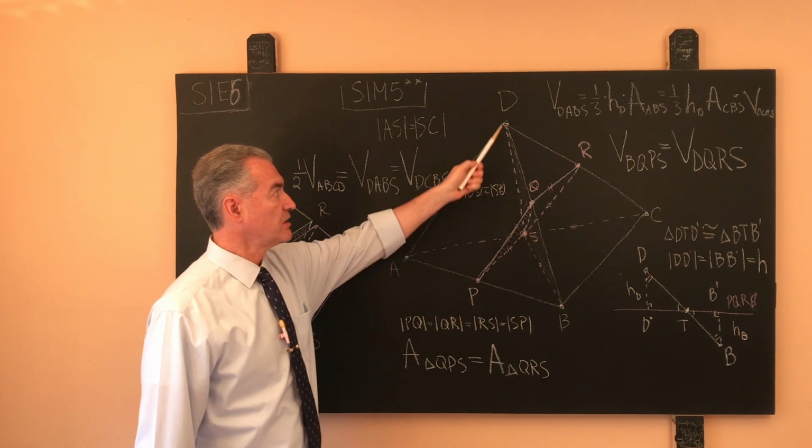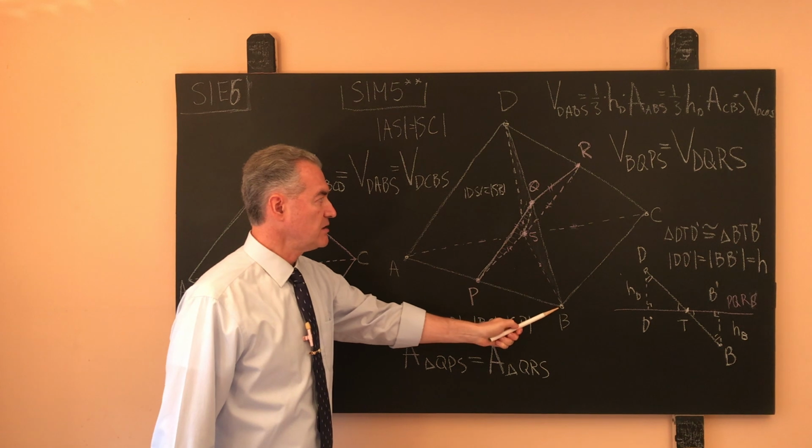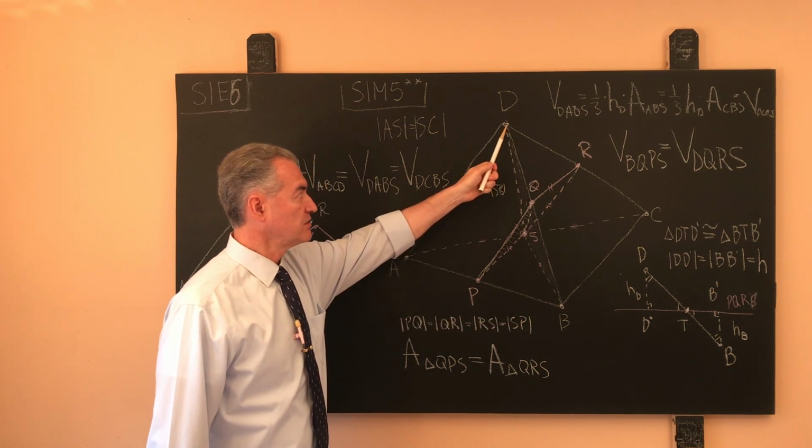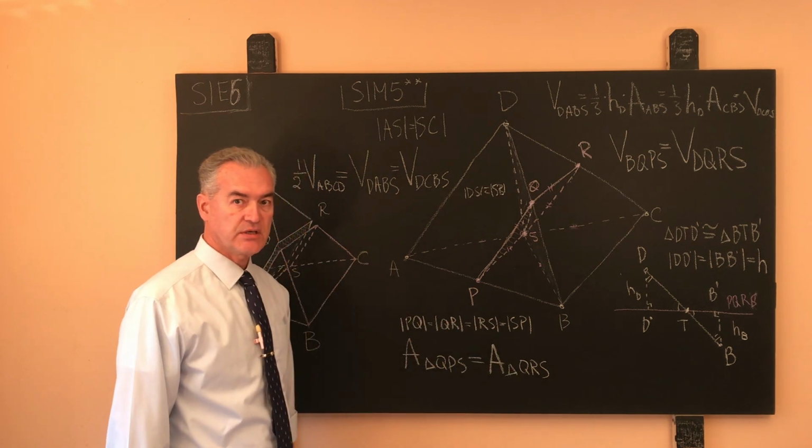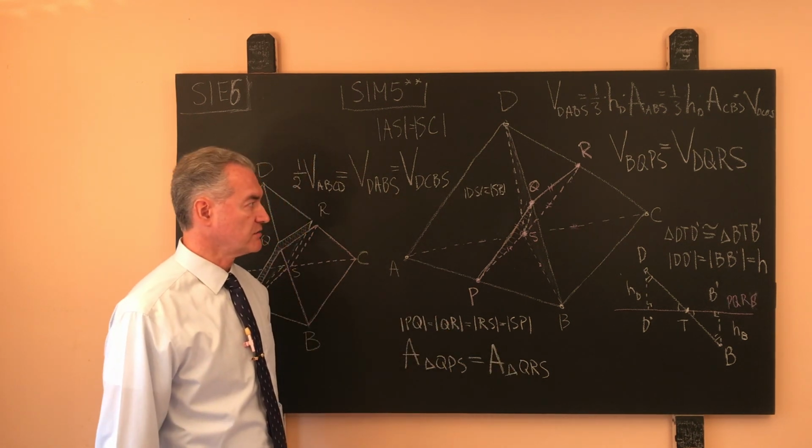Consequently, the triangle DSB, which has the edge of the tetrahedron DB as its logical base, is an isosceles triangle.